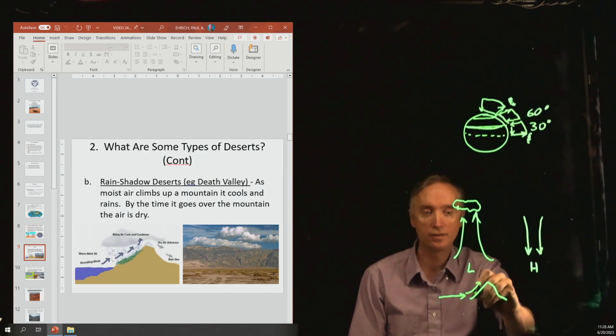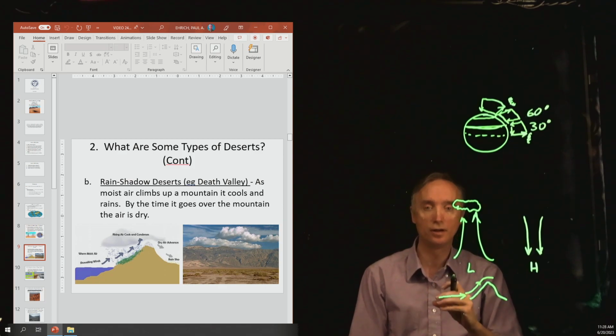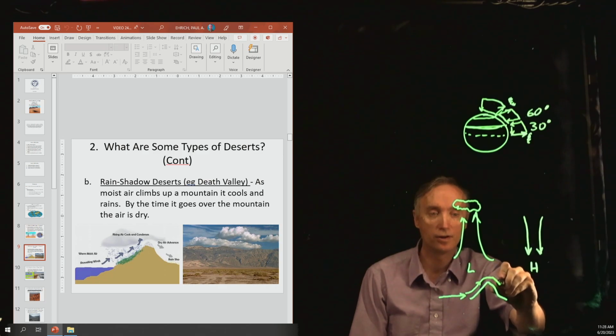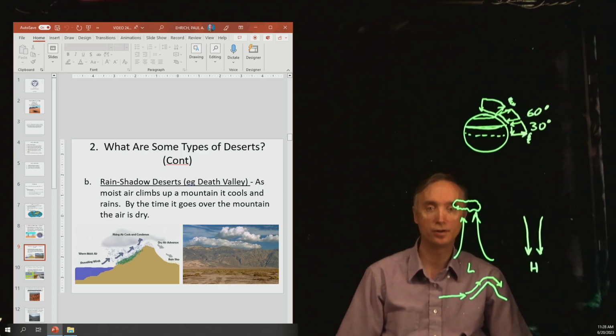So on this side of the mountain, you're going to have rainfall. But by the time it gets up to here, it's lost all of its moisture, so by the time it's down on this side, it's very dry. And so that's going to be a rain shadow. An example of this is Death Valley.